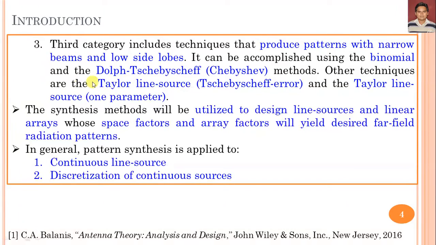This source is based on one parameter that we will discuss in a subsequent lecture. The analysis of the binomial array and the Dolph-Chebyshev methods has been discussed in the antenna array series.